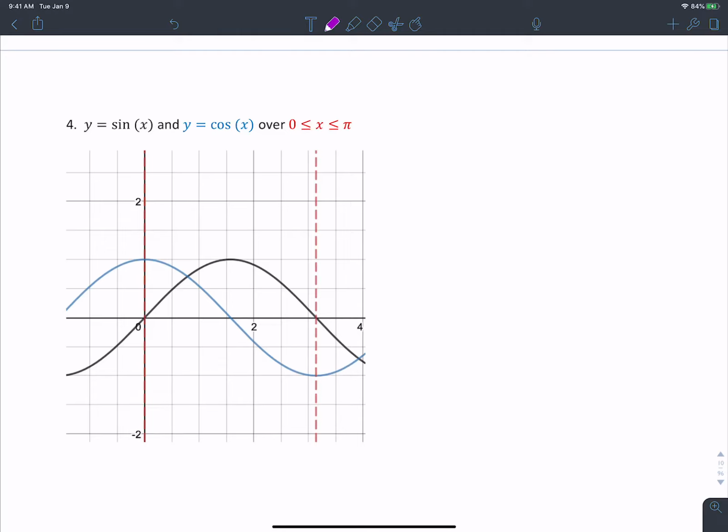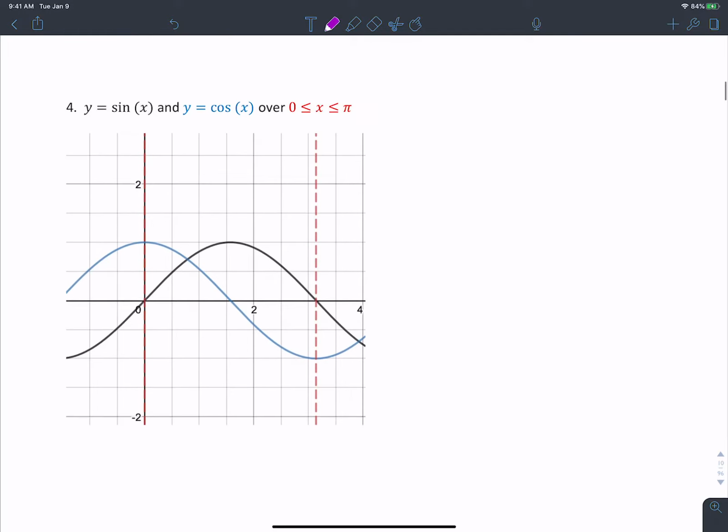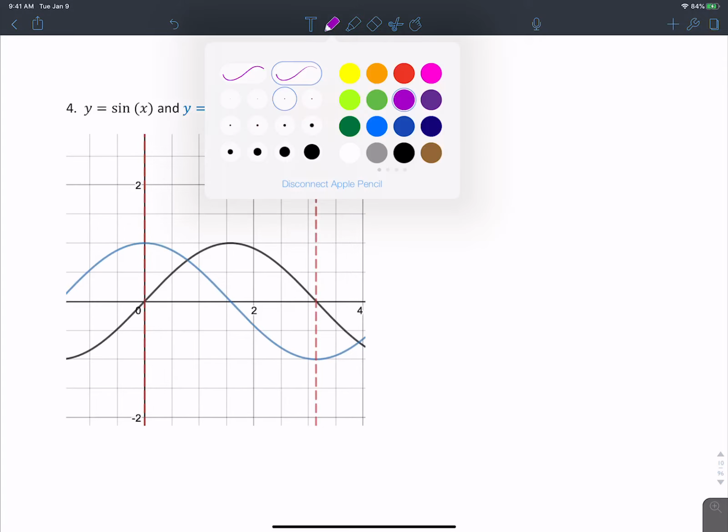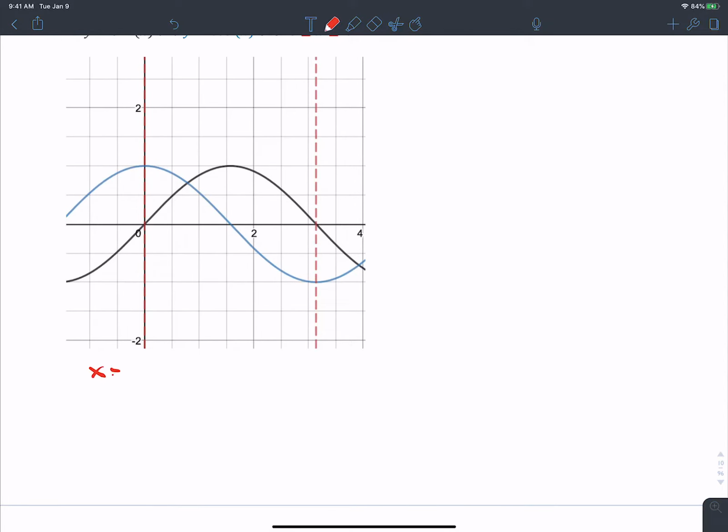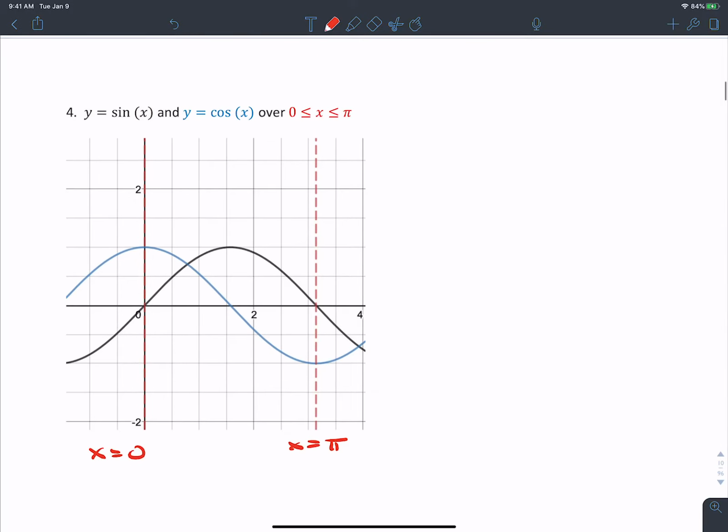Let's take a look. We can now, let's look at this situation. I want to see this situation. Okay. Now the area between these curves, again, sine and cosine over the interval from 0 to pi. So x is 0 is over here. X is pi is right here.